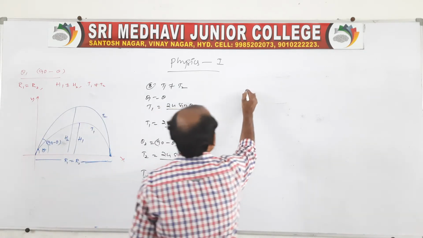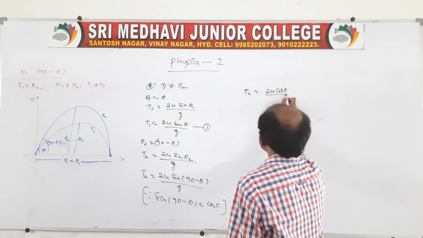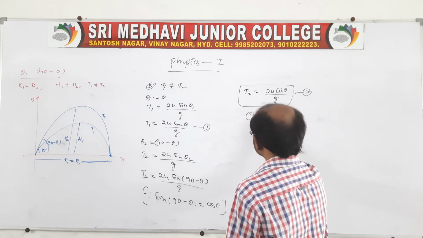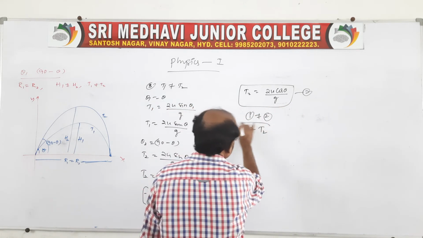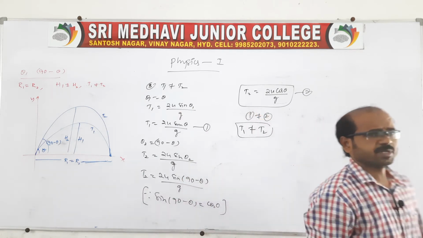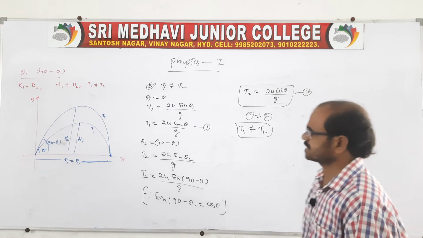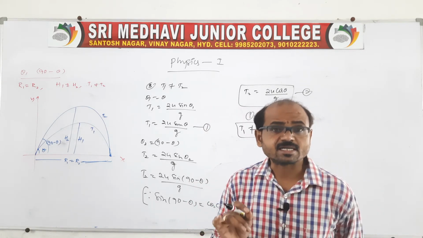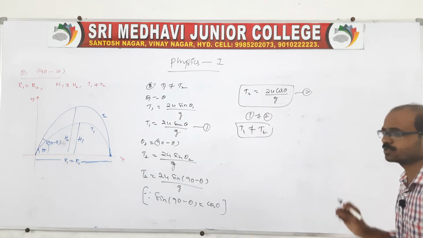Therefore T2 is equal to 2u cos theta by g. Look at equation 2. Is equation 1 equal to 2? No, we cannot say these two are equal. So for the complementary angles, time of flights and maximum heights are different, whereas the ranges are same.